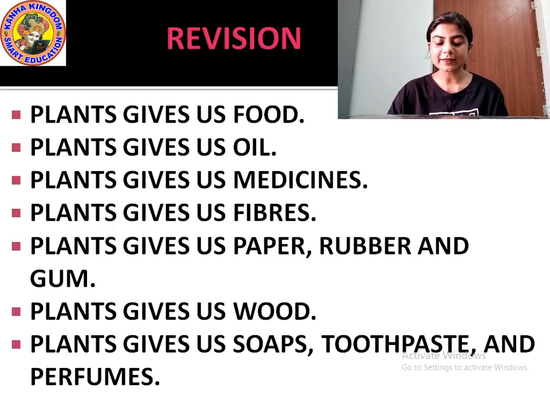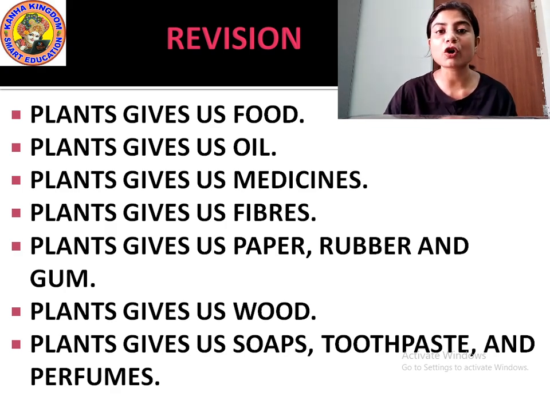The juices and oil of certain plants are used to make soap, toothpaste and perfume. Rose plant, jasmine plant, the plants which have a good smell, those plants are used to make perfumes. The flowers of those plants are used to make perfumes.